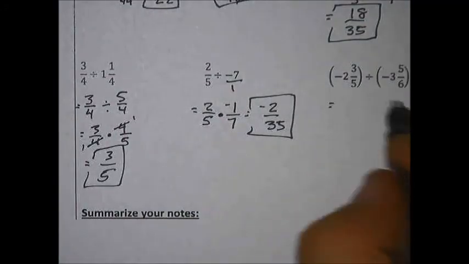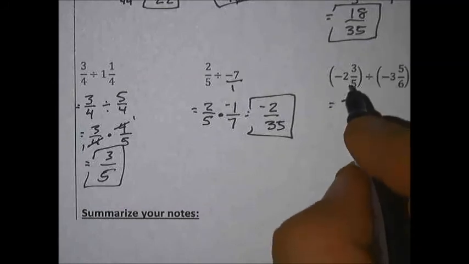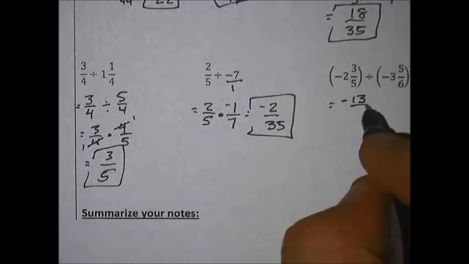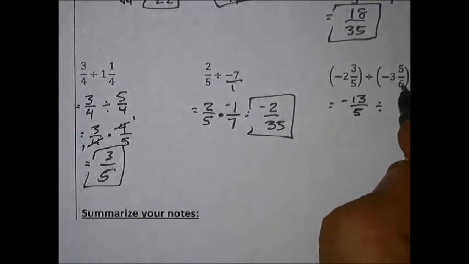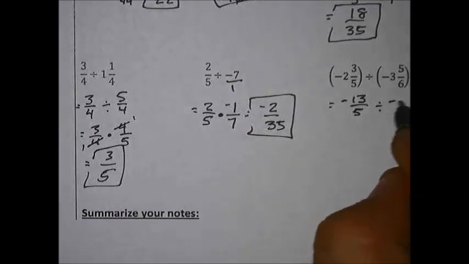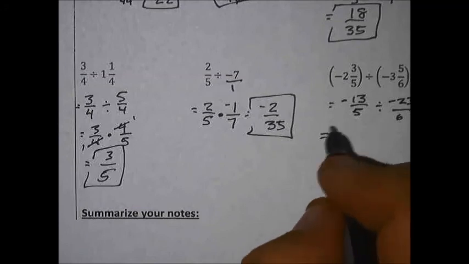Okay, double mixed numbers, and they're both negative. My answer is going to be positive, but let's work our way through here. 2 times 5 is 10, plus 3 is 13/5. Divided by 3 times 6 is 18, plus 5 is 23. Still a negative, 23, and 6 on the bottom. Now we want to flip that second one and multiply.